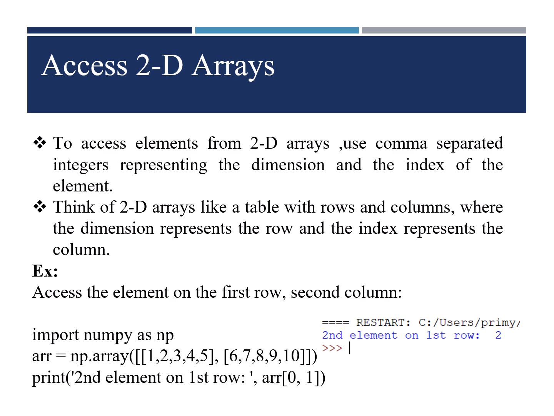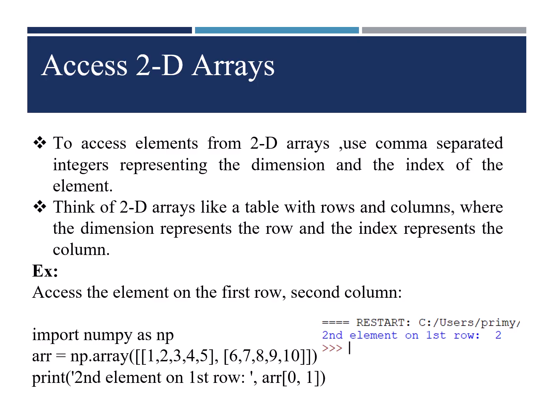Now accessing 2D arrays. Since it has both rows and columns, to access this we need the row number as well as the column number. Here is an example: import numpy as np, arr equal to np dot array of, we have the collection of values such as 1, 2, 3, 4, 5, 6, 7, 8, 9, 10.